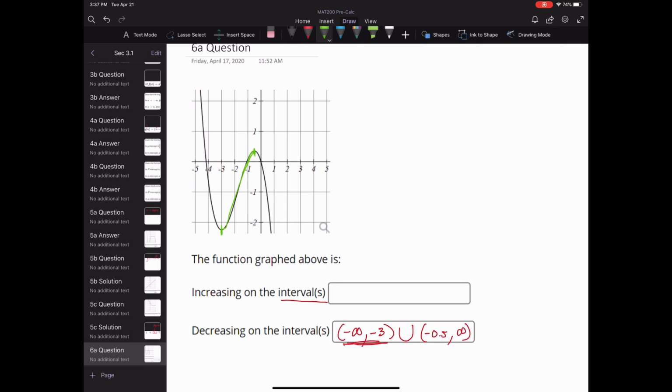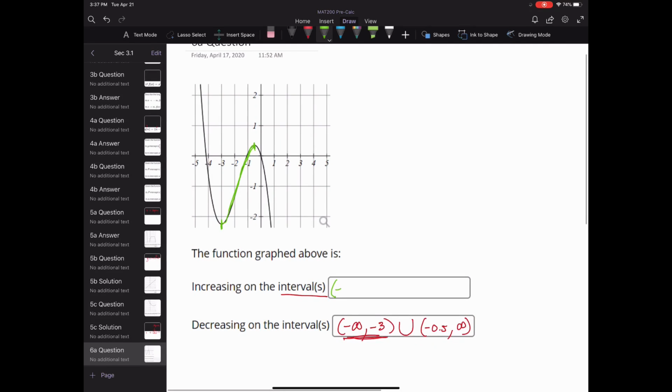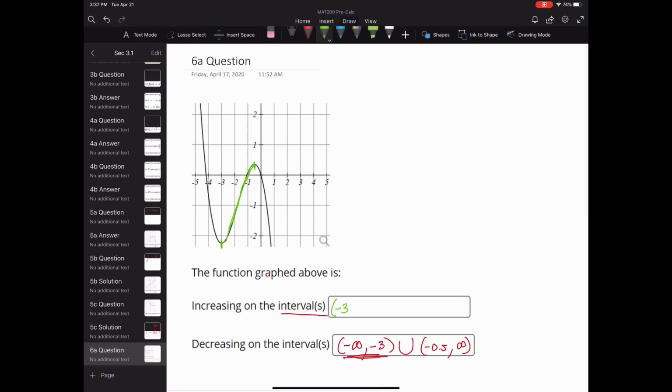This piece here is increasing, so that's from -3. Notice it's a parentheses because we cannot capture it. -3 to -0.5. And actually that's the only part that's increasing. Notice parentheses for everything because it doesn't include the endpoints.